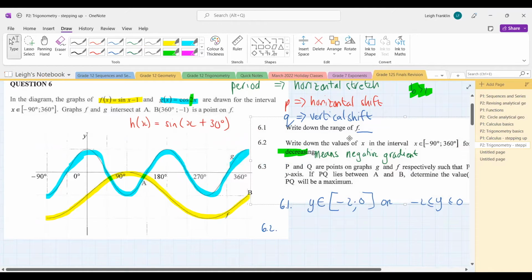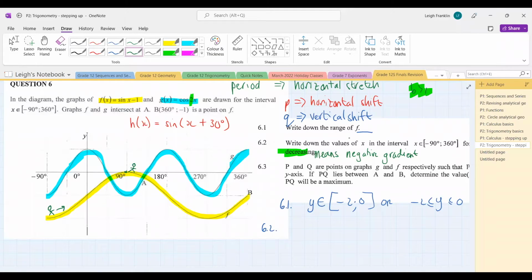Where is it decreasing? Well, if we were standing over here and walking in that direction, we'd be walking uphill until we get to 90. Once we get past 90, we're walking downhill until we get to that over there, which would be 270. And then we would be walking uphill again.